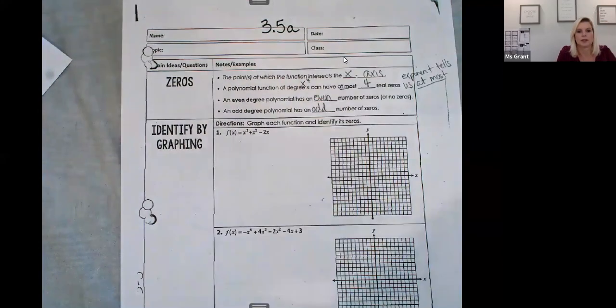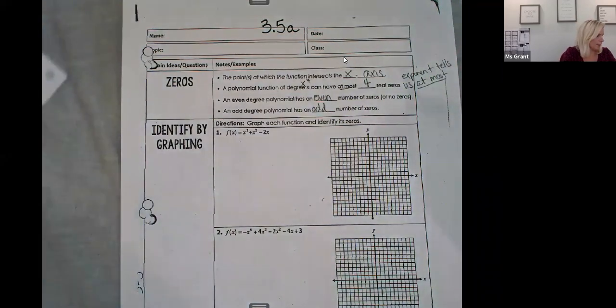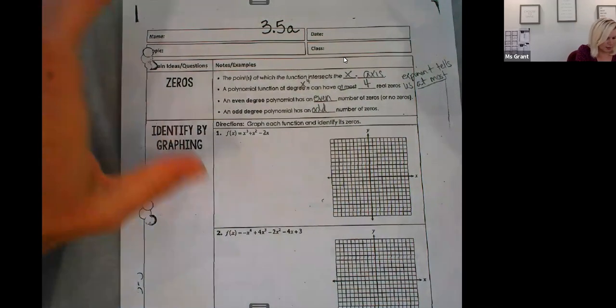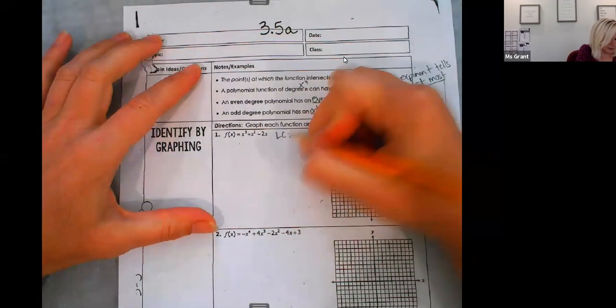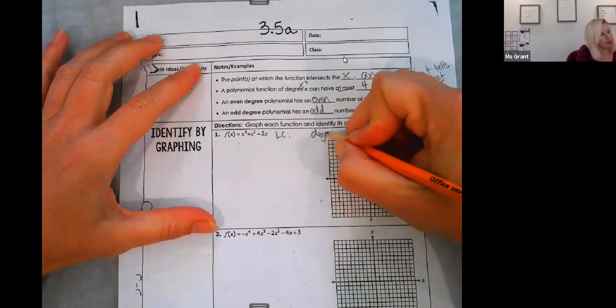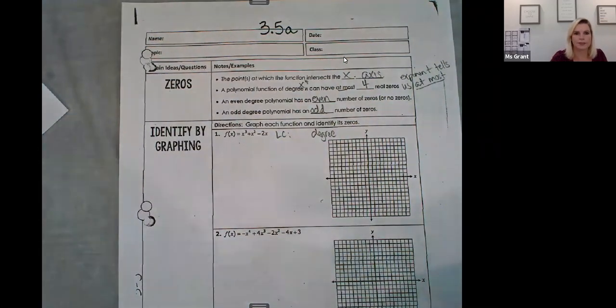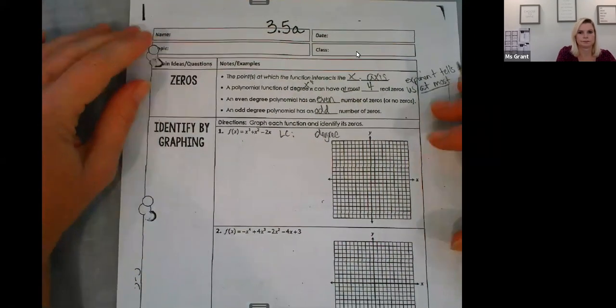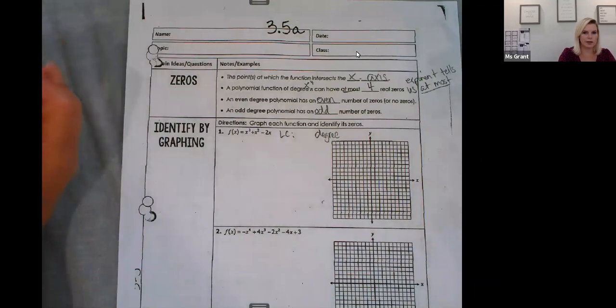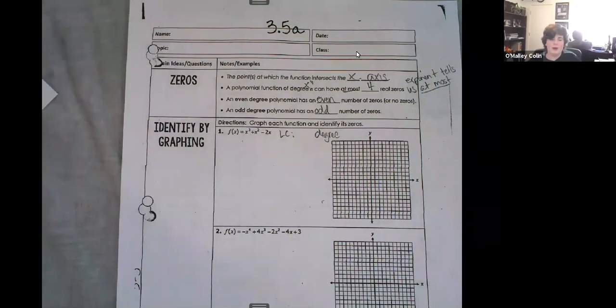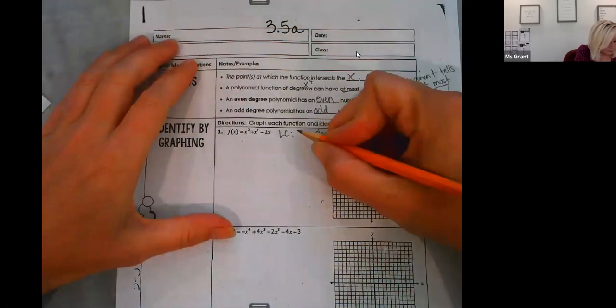Okay. So on number 1, first let's talk about what's the leading coefficient and what's the degree. Remember this from days ago, last week? Okay, somebody, what's my leading coefficient? Colin, what's my leading coefficient? Isn't it 1? It's 1, which means it's positive.